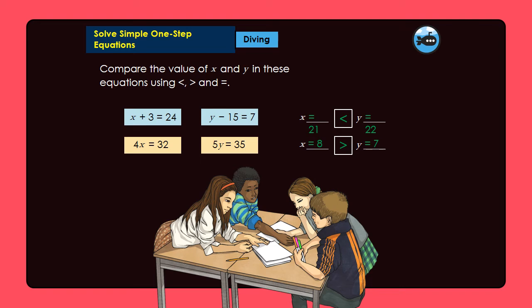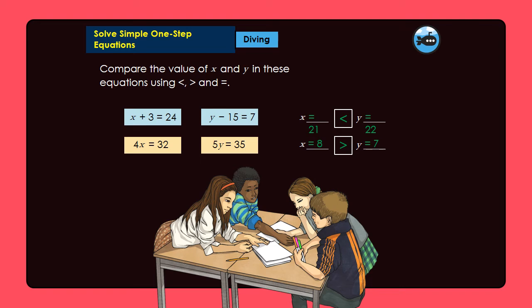Then for the second one, we've got 4x equals 32. Now we know 4x really means 4 times x. So instead of timesing, we're going to divide. 32 divided by 4 is 8. So x has a value of 8, and we can go back again to check. 4 times 8, yeah, that gives me 32.